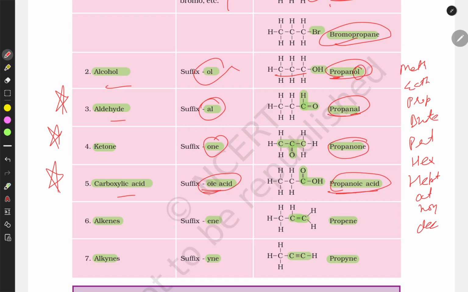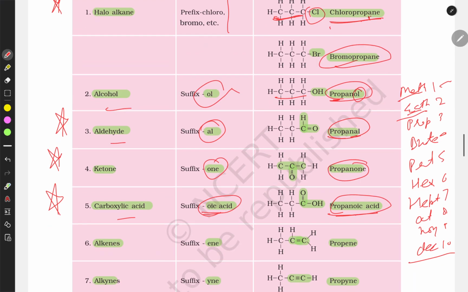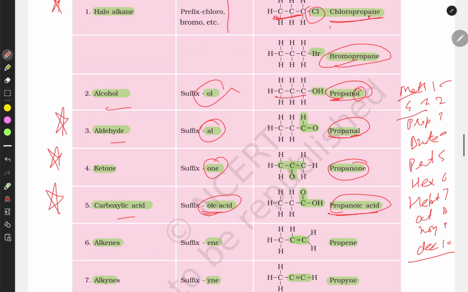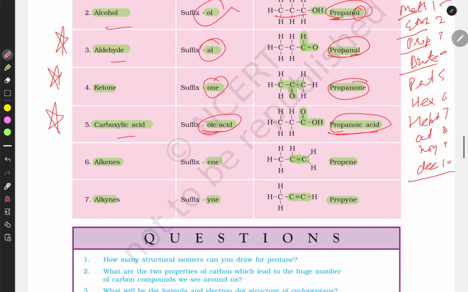These are the prefixes: this is for 1, 2, 3, 4, 5, 6, 7, 8, 9, 10. If one carbon atom is there, the prefix starts with meth. If 2 carbon atoms are there, it is eth. And if 3 carbon atoms are there, it starts with prop. For 4, it starts with but. So this is how it goes.